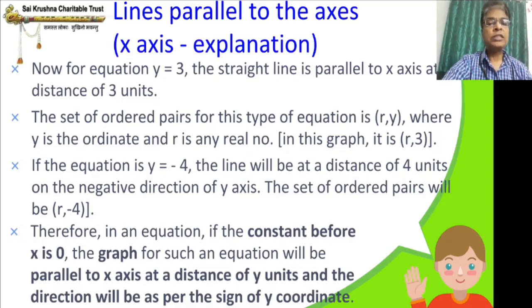If the constant before x is 0, it will be parallel to the x axis, and if the constant before y is 0, it will be parallel to the y axis. If you have doubt, go back to the previous 2 pages, see the graph, and you will thoroughly understand if you see all these 4 pages together. Now we will move to the next page.